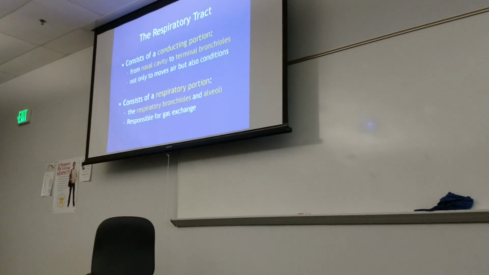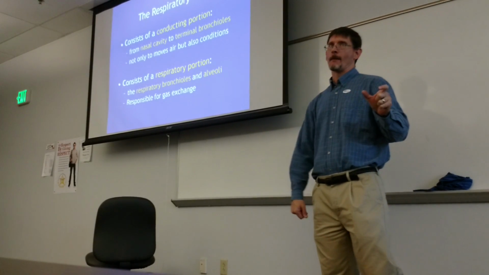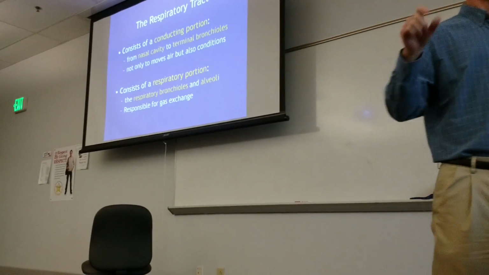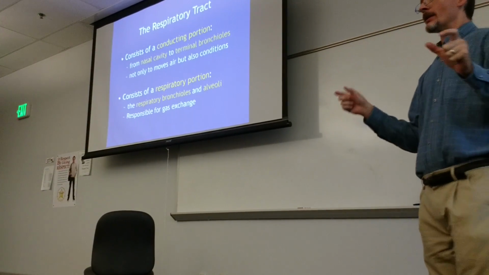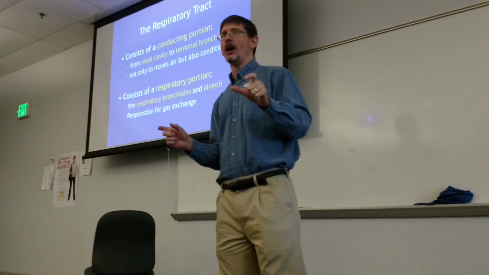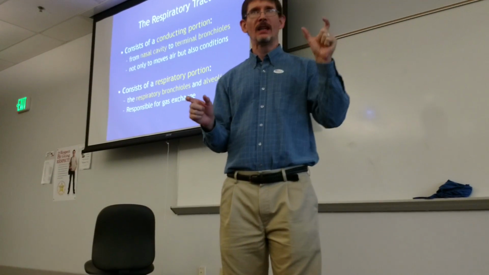The other way to break up the respiratory system is by conducting versus respiratory. So, conducting portion, respiratory portion. The idea with the conducting portion is that it is all of the areas where air is simply moving through.